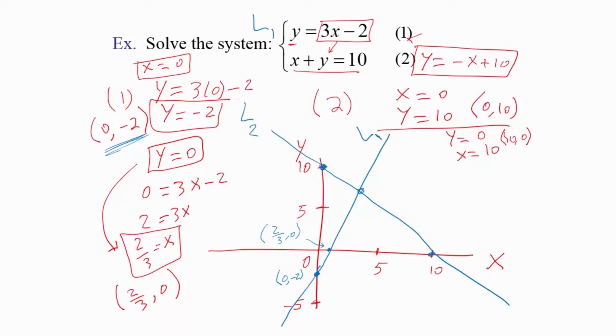The intersection of these two happens at, I forgot, what did we get for the answers? The intersection of these 2 points, I think y was 7 and x was 3. 3 and 7.